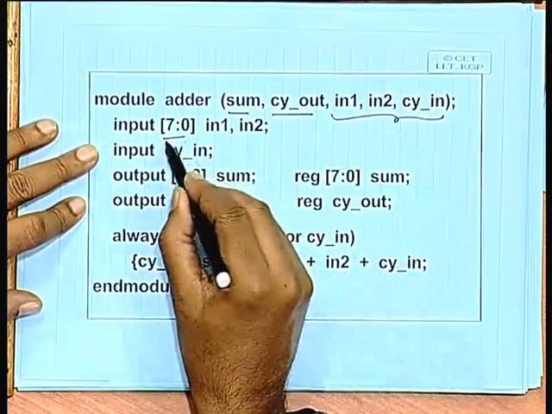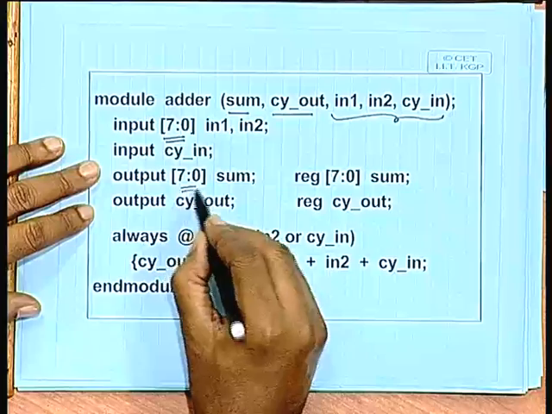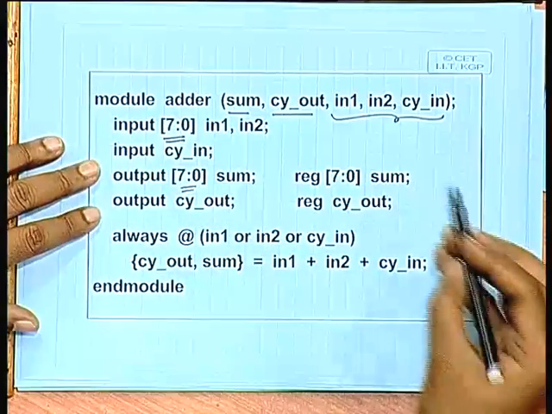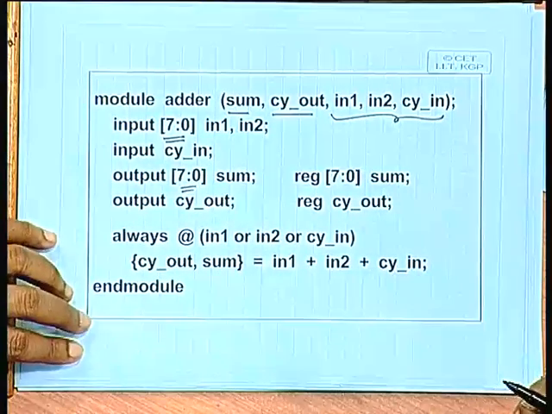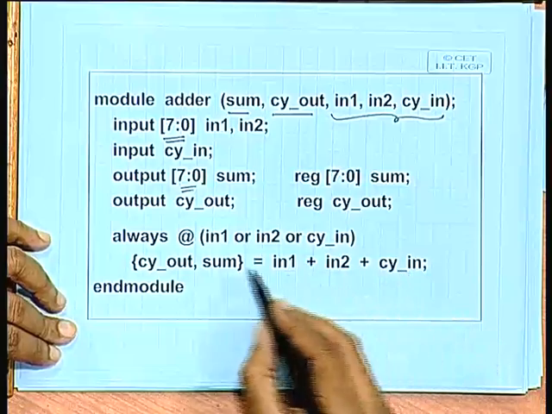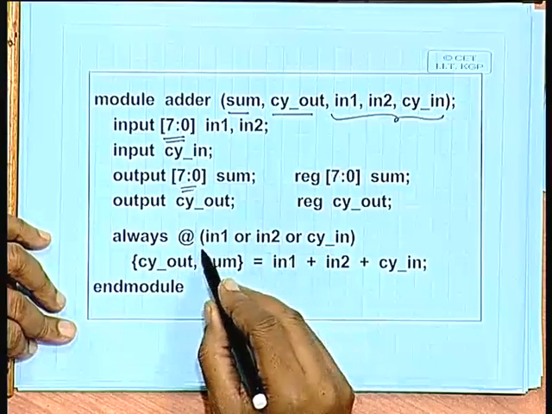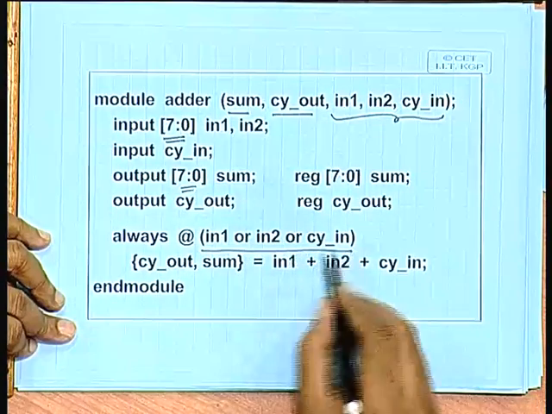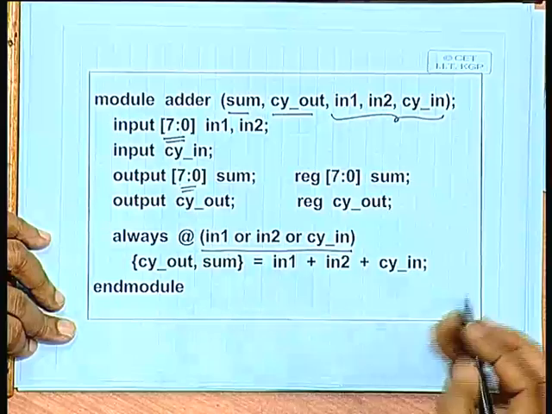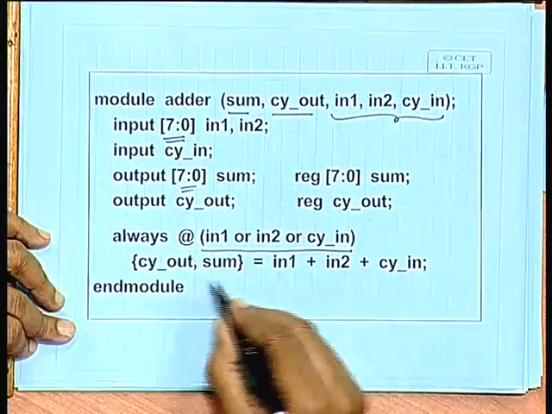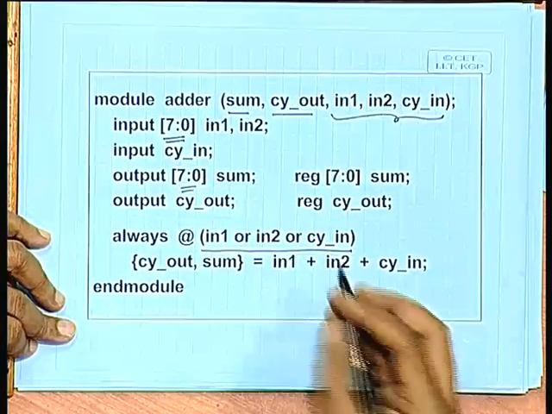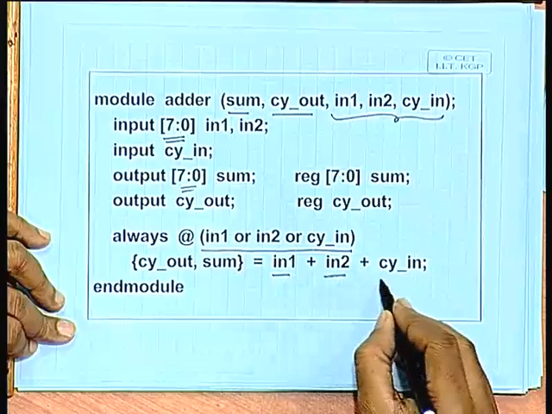The inputs are 8-bit quantities, sum is also an 8-bit quantity, and carry in and carry out are there. Sum and carry out are declared as registers. Whenever one of the inputs changes, we compute this. This is a behavior level description we are giving at a higher level: in1 plus in2 plus carry in.